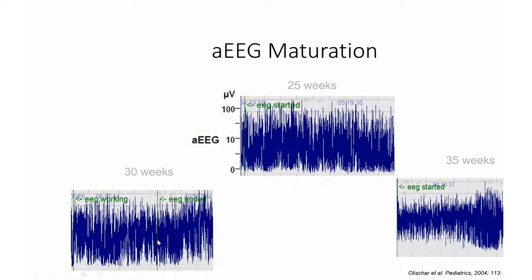And then as the baby gets older, we start to see here at 30 weeks where we're seeing periods, even if it's only for 30 seconds, where the bottom margin lifts up. We can see it up here above 5, almost to 10. And we can see there's always variability, which is important. And then as we get to the 35-weeker, we see that the lower margin is greater than 5, except when the baby is in sleep, which is really this area here, where we go discontinuous only for those periods of sleep.